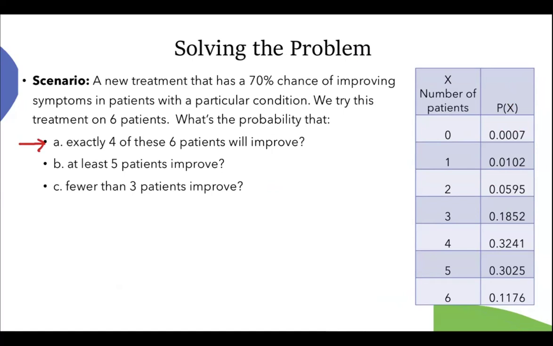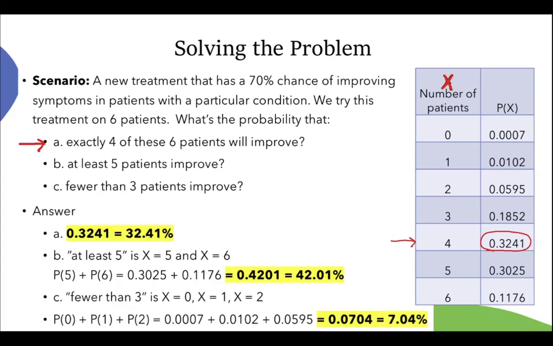So of our values of x, exactly 4 means when x equals 4. The probability that all 4 patients improve is 0.3241. So that is the answer to part A, 0.3241, and turning it into a percent, 32.41%.